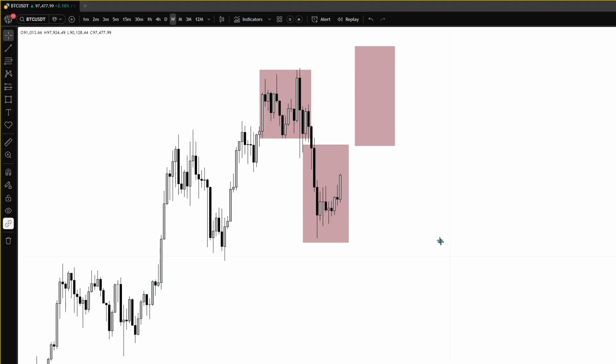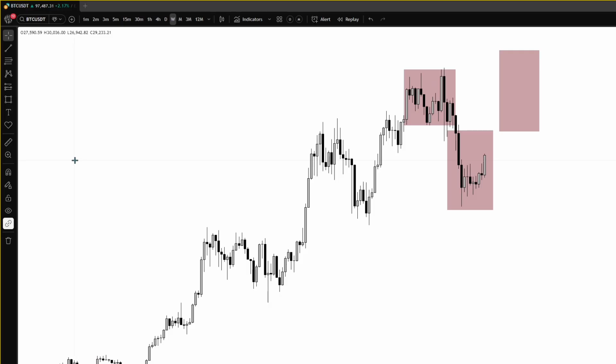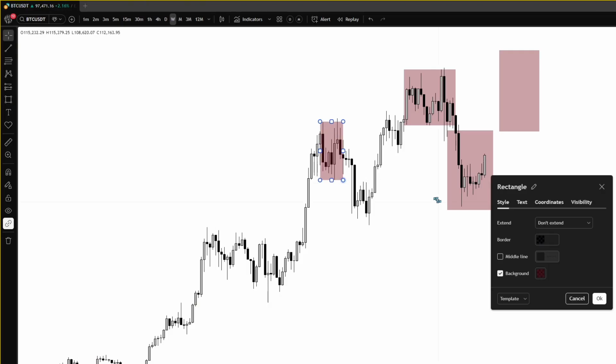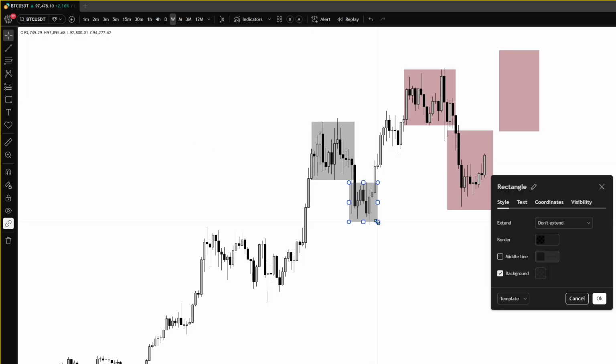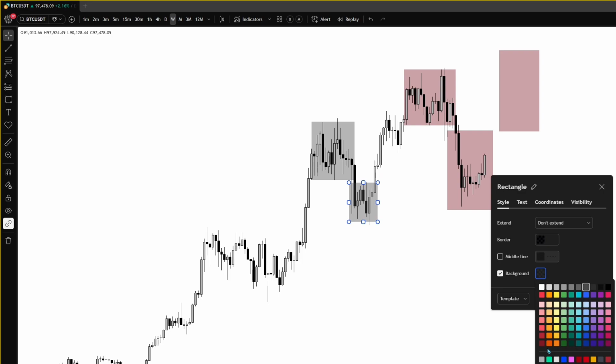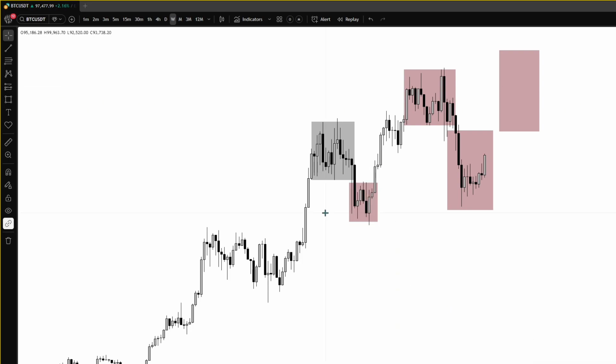You could just be showing yourself, for the past 3 months, 6 months, whatever, that once this accumulation was forming and we were moving down into this fair value gap, I already had a really good idea that this was probably just accumulation, manipulation, distribution.